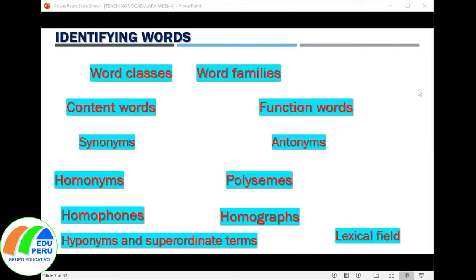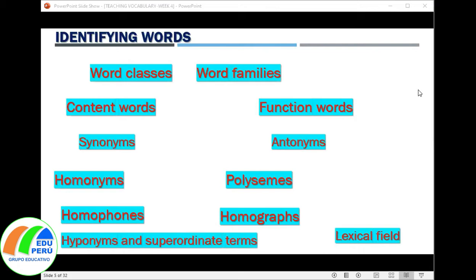What about the other two? Homophones and homographs. Teacher, the homophones have the same sound but different spelling. Yes, the same sound, different spelling. Excellent, that's it. You write these words differently, but you pronounce them equally.